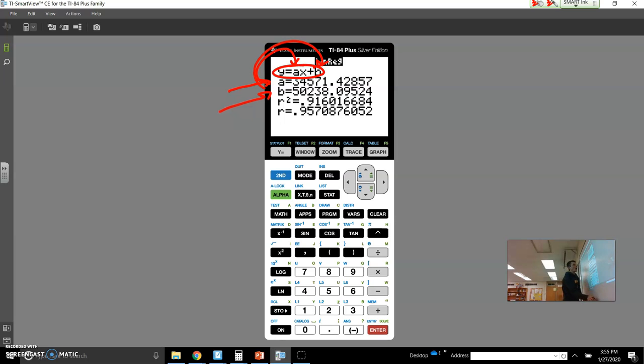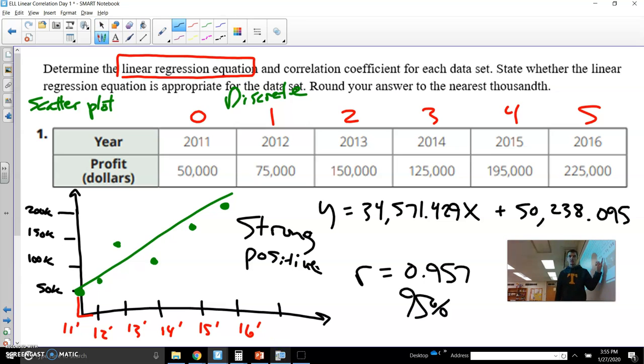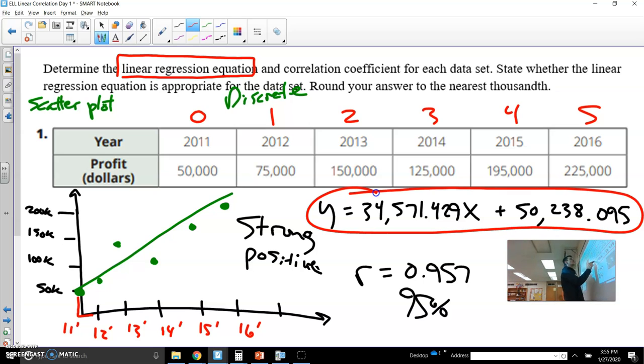So I do need a y and I do need x as a part of my answer choice, but that's what I've turned into my answer here. Y equals 34,571, some rounding there, with x, plus the 50,000 value, rounded as well.